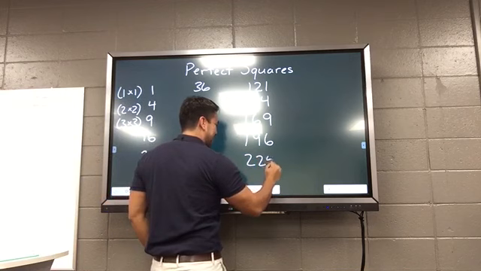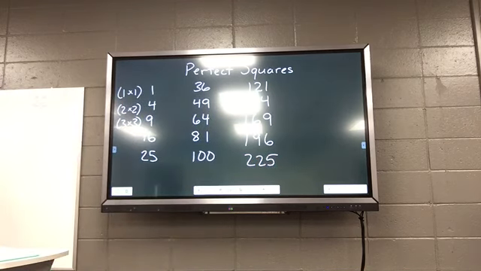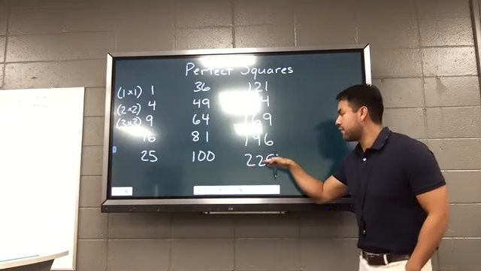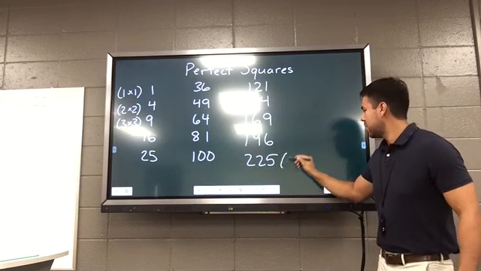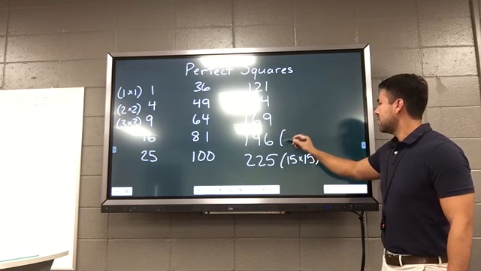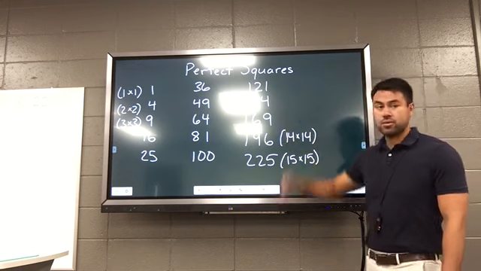You'll memorize it soon. 225. Sometimes we go to like 20 times 20, which would be 400. And then 19 times 19, 18 times 18. But I just want you to get to 15 times 15. So here, if you didn't know it, it's 15 times 15. This one was 14 times 14. And you can write that pattern there if you don't get it.